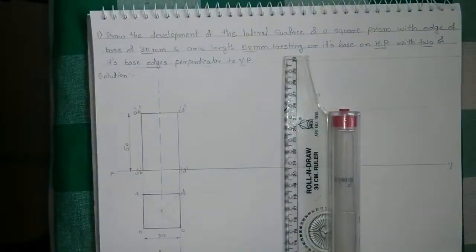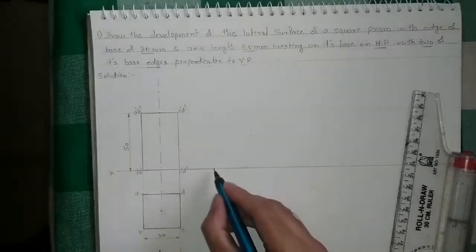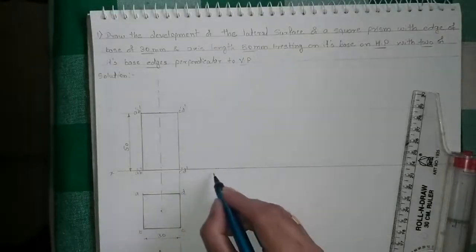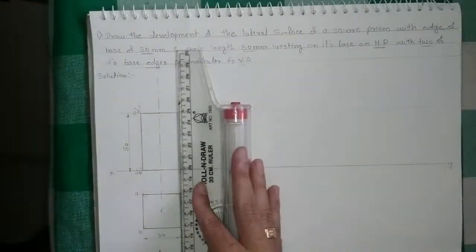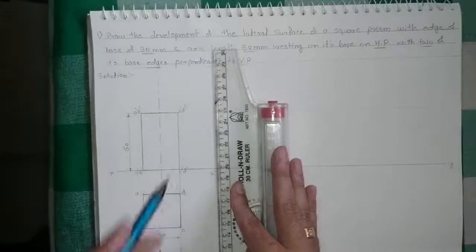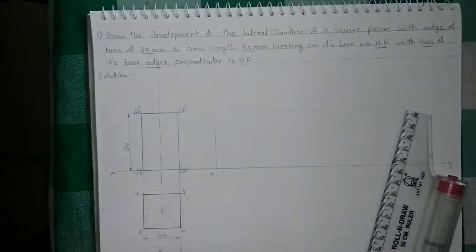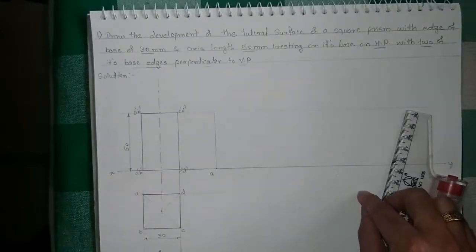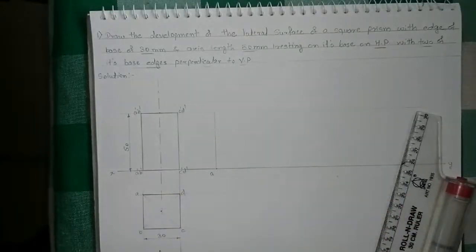Now we draw the development of the lateral surface. The square prism has four edges. Hence we consider one point at some distance from this. This is point A. Draw one vertical line from that point. When we open from this point we get four edges of 30 mm each, so the total distance is 120 mm.